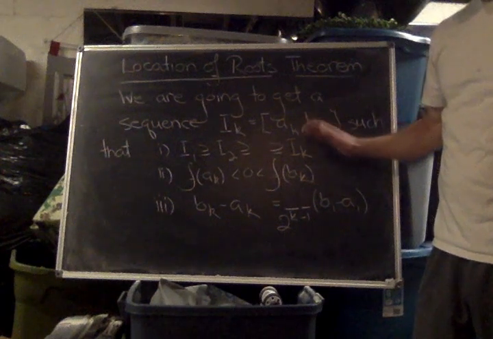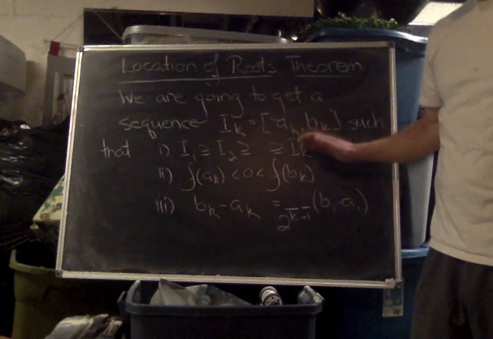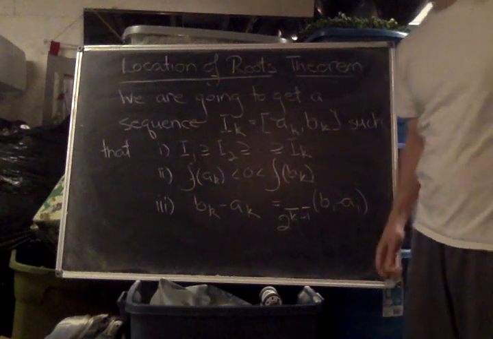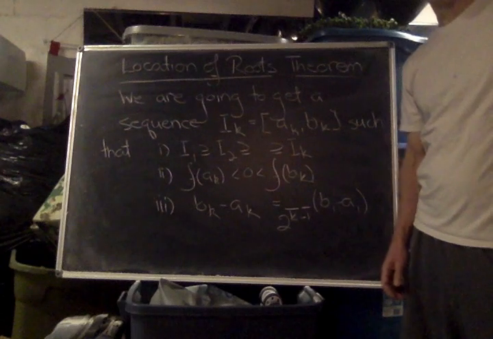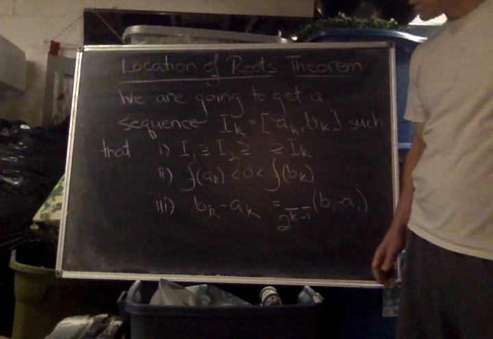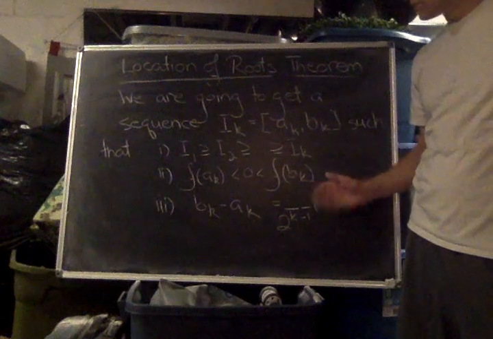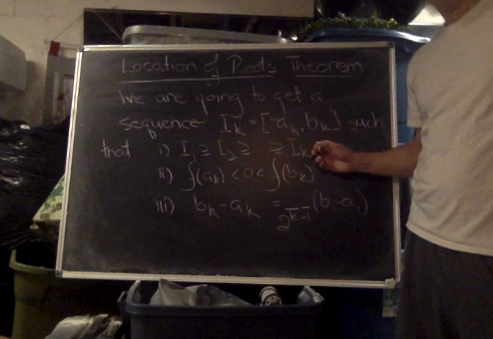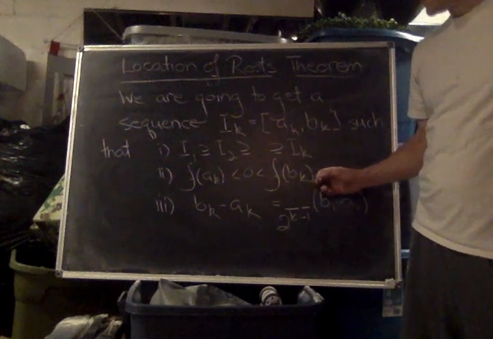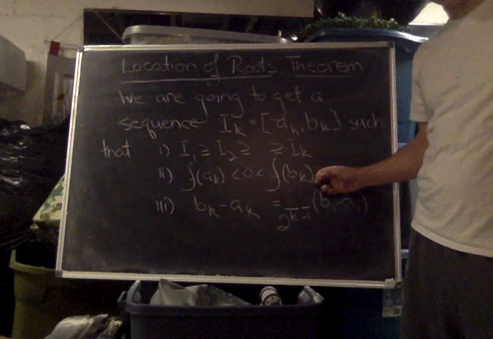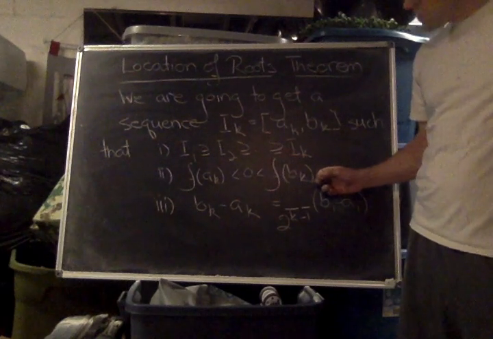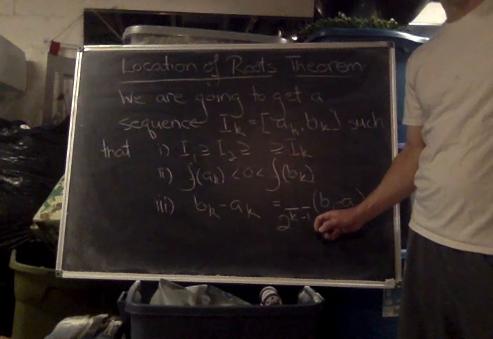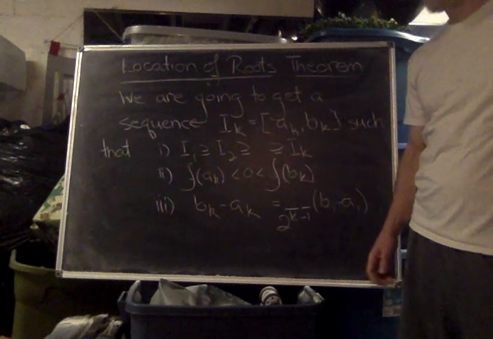So in all likelihood, with probability approaching 100%, you will fail every time to have the midpoint be the magic spot where the function is equal to 0, and instead you will keep on going and you will wind up with an infinite sequence of nested closed bounded intervals like this, which have the property that the left-hand endpoint is less than 0, the right-hand endpoint is greater than 0, and have the further property that the widths of these intervals are going to 0.